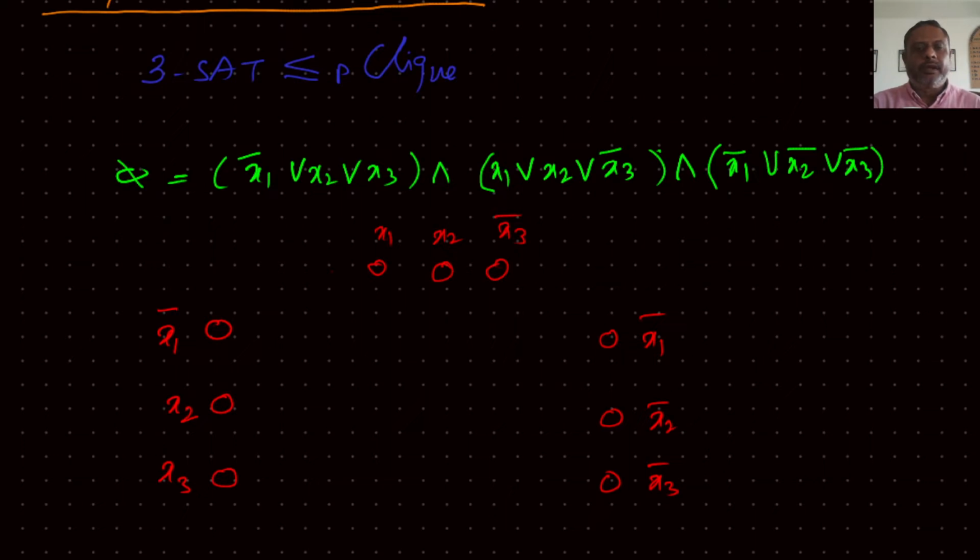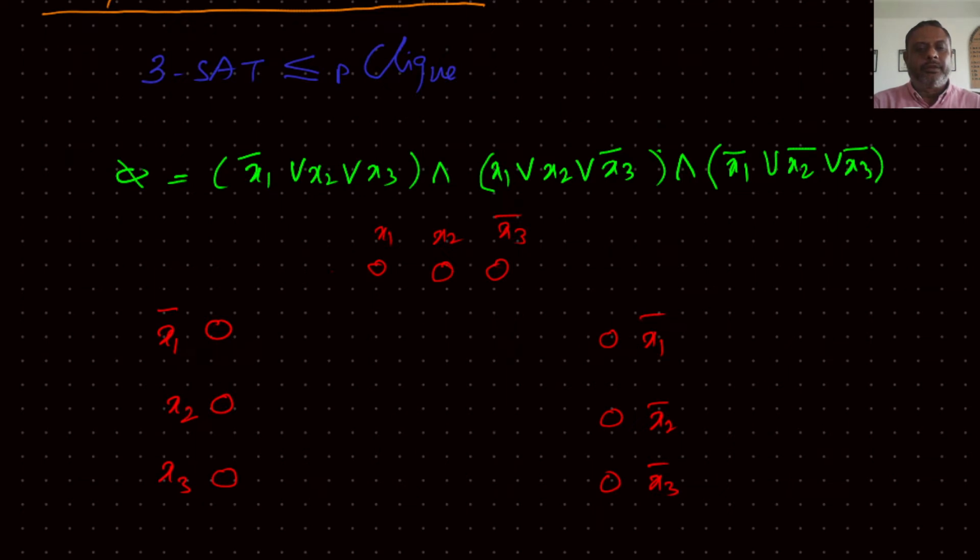Now, creating the graph for the clique is simple. The node of every clause we connect to the nodes of other clauses, so that the connection is not between complements of each other. So if it is x1 bar here, then it should not be connected to x1, because these two cannot be true together.